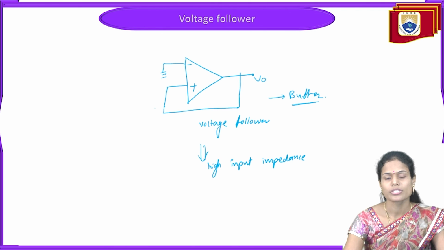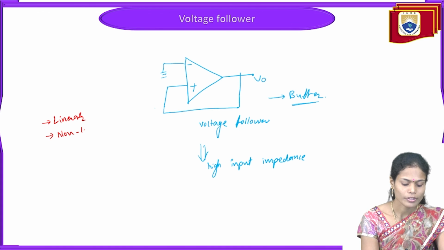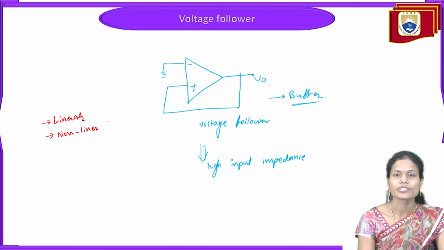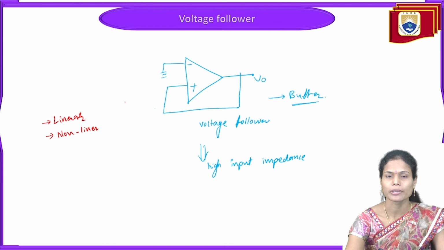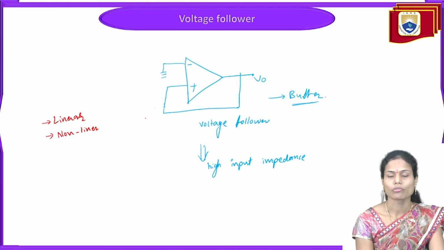So till now we have seen different linear as well as non-linear applications of the operational amplifier. In the case of linear applications, whatever input signal we apply, the output signal varies accordingly.